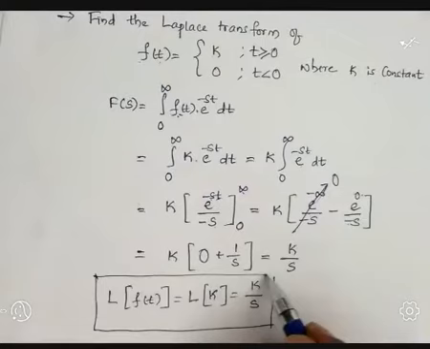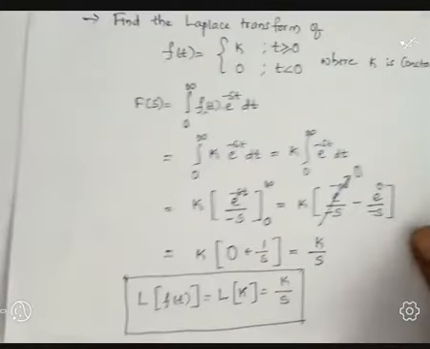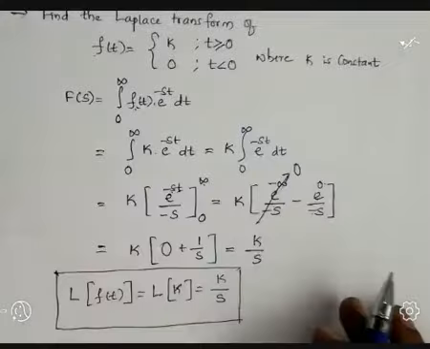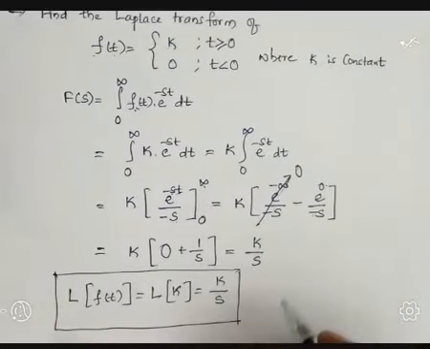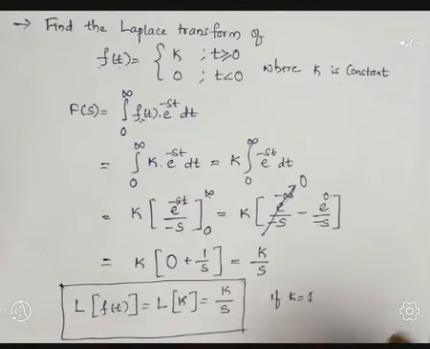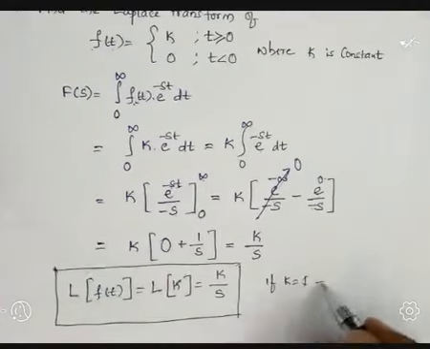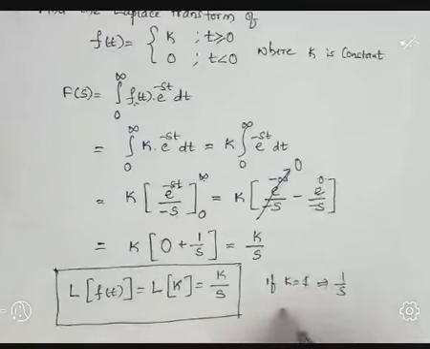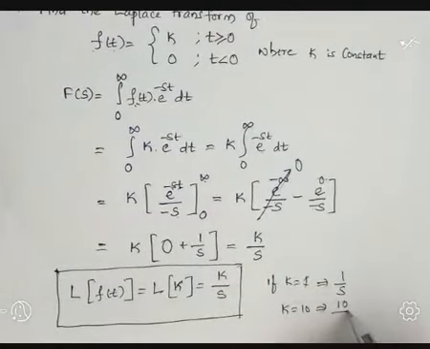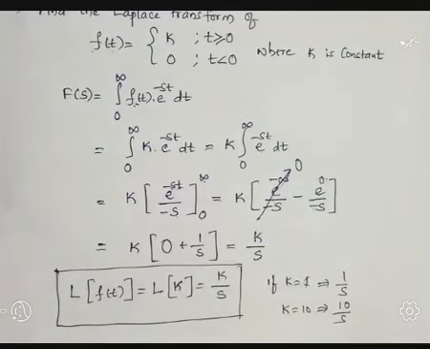For your understanding, if k equals 1, then the Laplace transform is 1 by s. If k equals 10, the Laplace transform is 10 by s. Because k is a constant term, in place of k substitute the values, and we get the result.